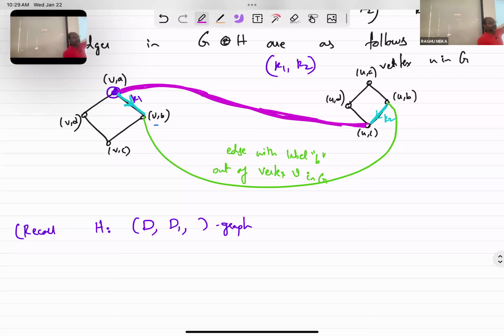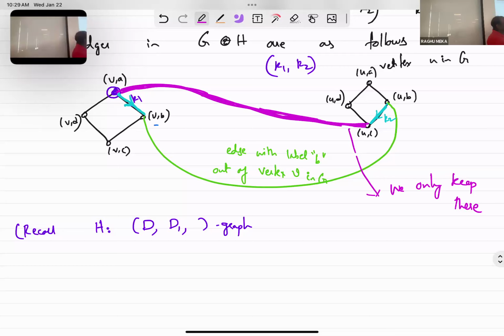Any questions about this? Yeah, we get rid of everything. So the only edges which will remain are these purple ones, right? We only keep these. We are generating them by using these, but in terms of actual connections, this is what we have.